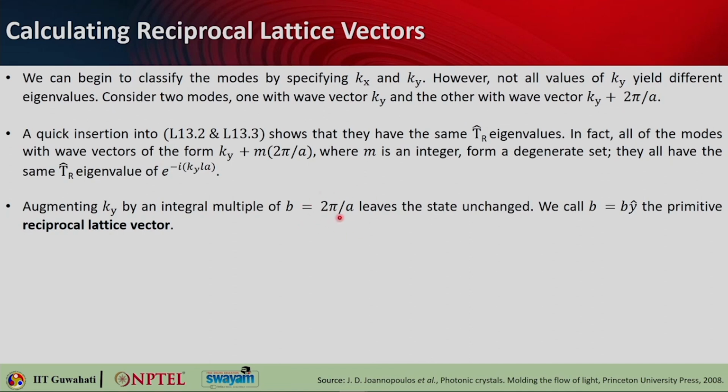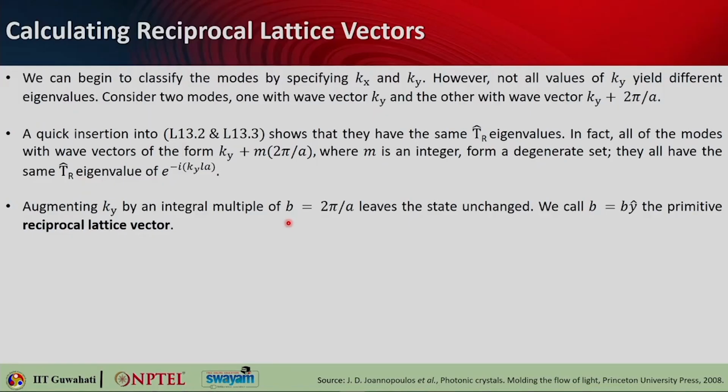If you define 2 pi by a as b, this is nothing but an integral multiple of b. So, you understand that this will leave the state unchanged. So, you can call b equals b y-hat the primitive reciprocal lattice vector. The real lattice and reciprocal lattice is in the momentum space, and there whatever you are adding is an integral multiple of that thing that repeats.